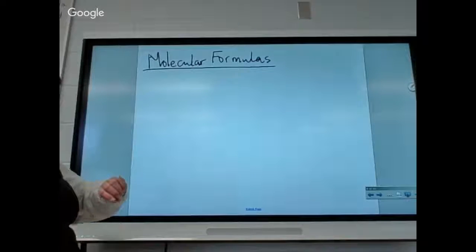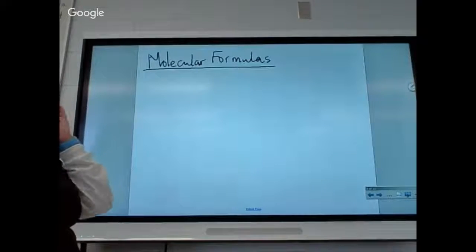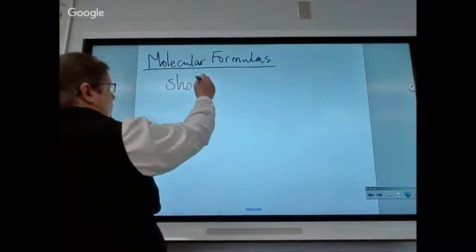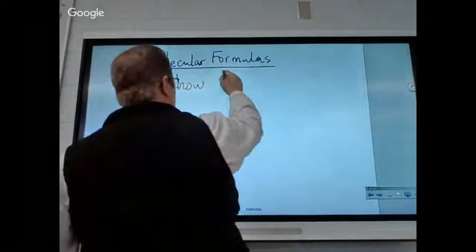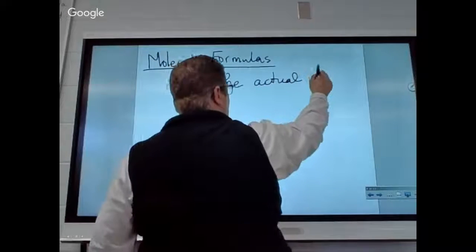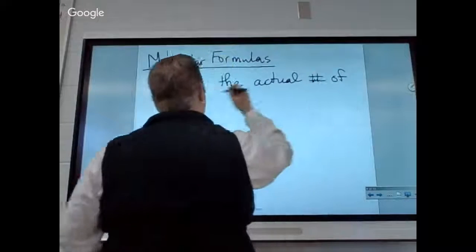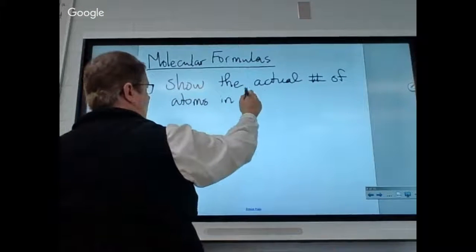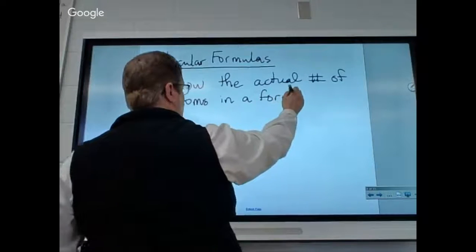Now, with molecular formulas, we got the second half of the lab. You'll be able to do them on Tuesday. Now, molecular formulas show the actual number of atoms in a formula.